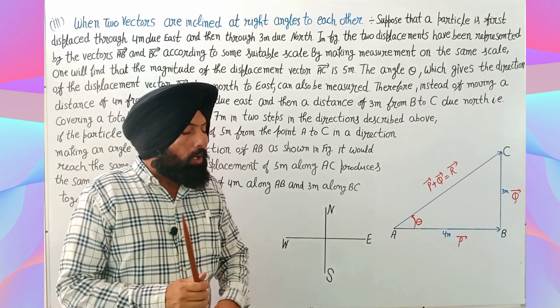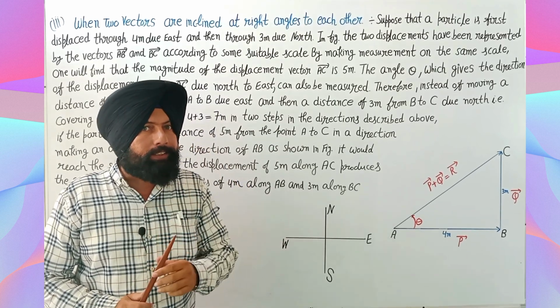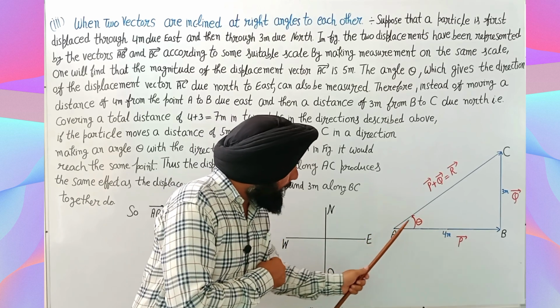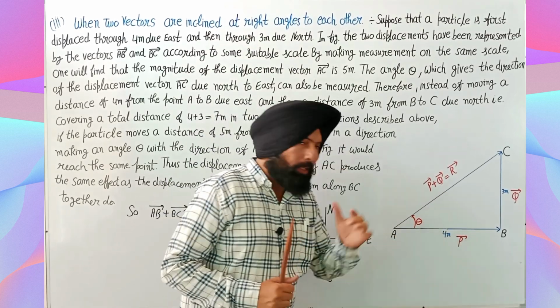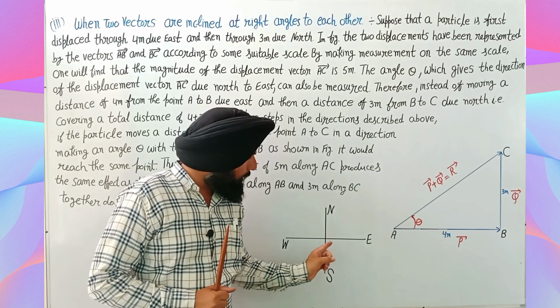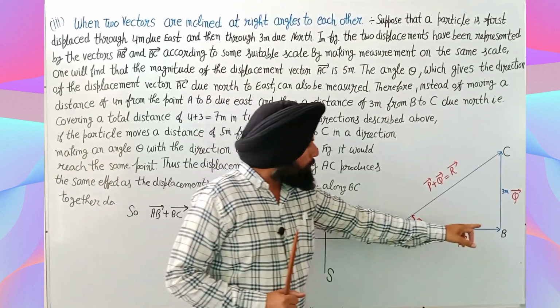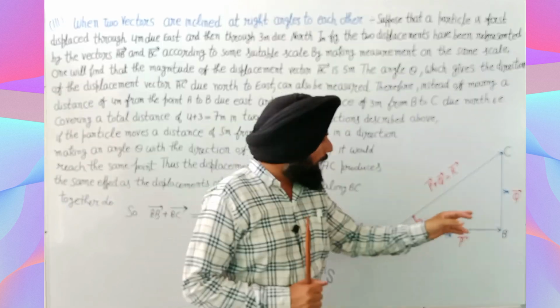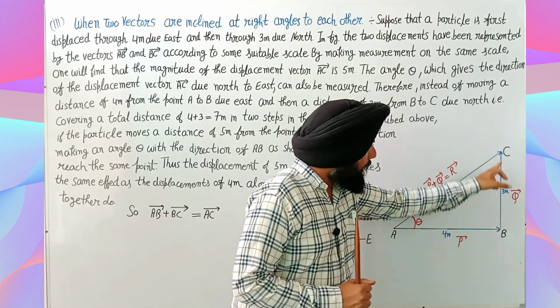Now students, in the first journey, if the particle moves from A to B, it covers 4 meters towards east. Then from B to C it covers 3 meters towards north.